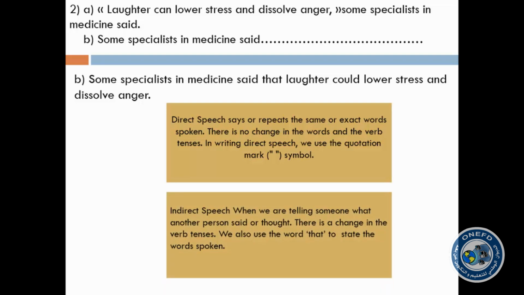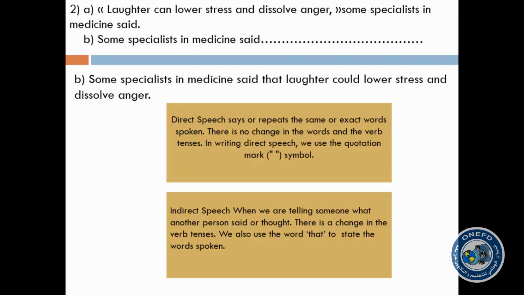Direct speech repeats the same or exact words spoken. There is no change in the words and the verb tenses. In writing direct speech, we use quotation marks. In reported speech, we use it when we are telling someone what another person said or thought. Again, there is a change in the verb tenses.